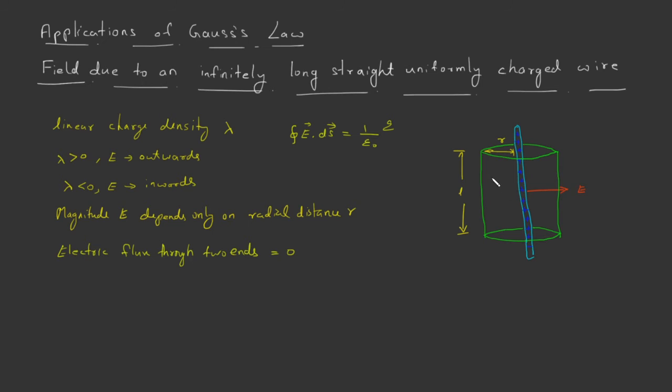At the cylindrical part of the surface, the electric field is normal at every point.